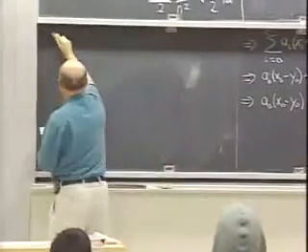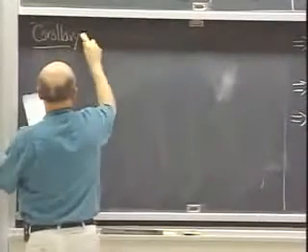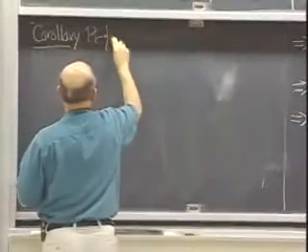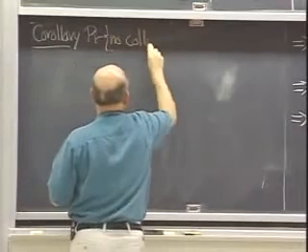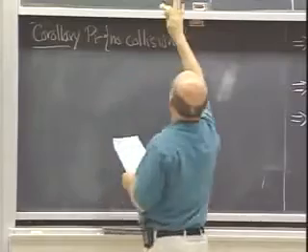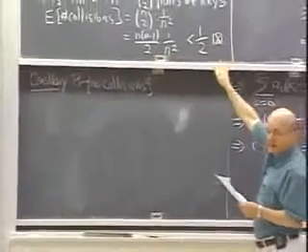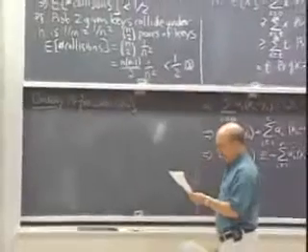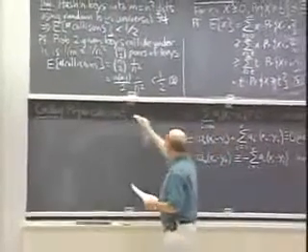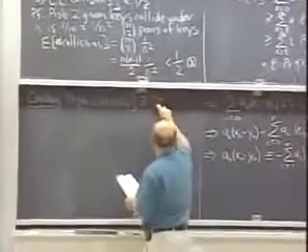So the probability of no collisions, when I hash n keys into n squared slots using a universal hash function, I claim the probability of no collisions is greater than or equal to a half.